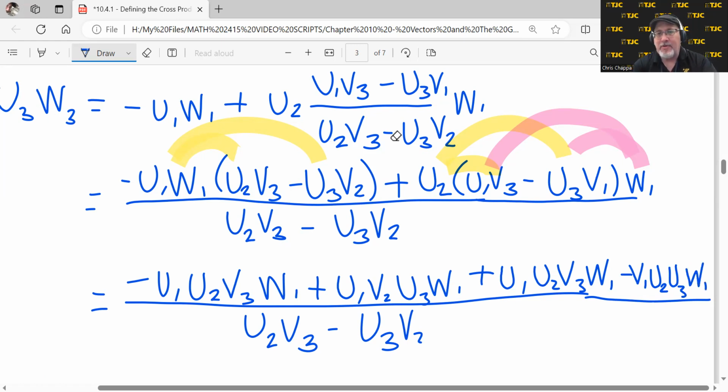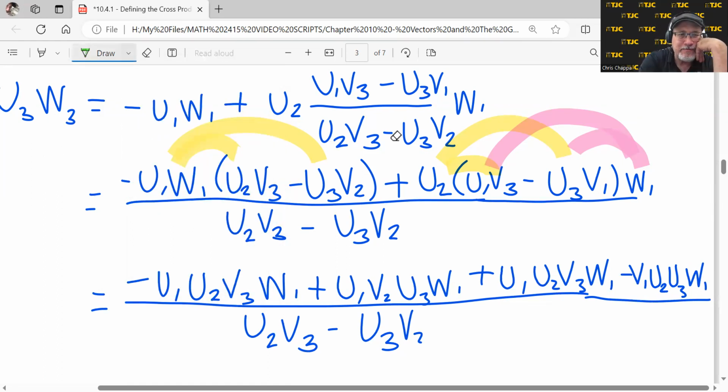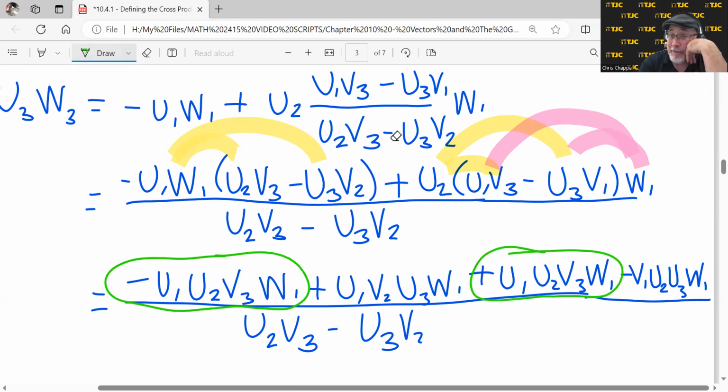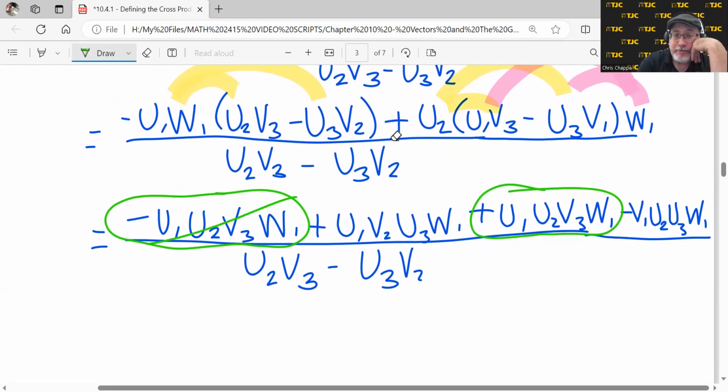All right, so this is becoming a colossal mess unless we can find something that we can take advantage of. And I see something that we can take advantage of. What is that something? This term up front and the third term are opposites, and therefore they cancel. So those are going to disappear.